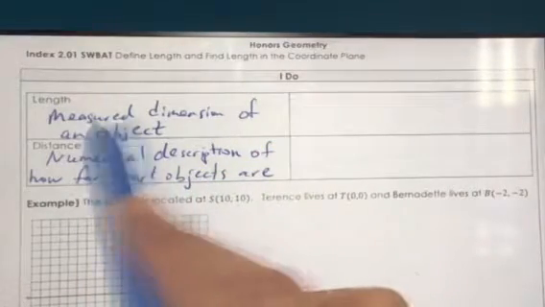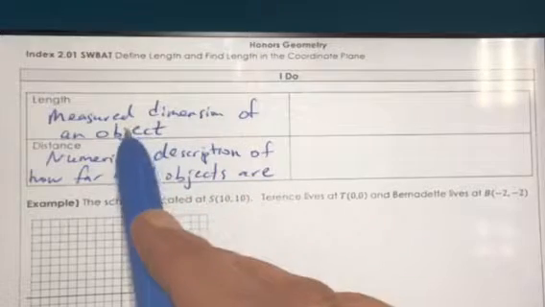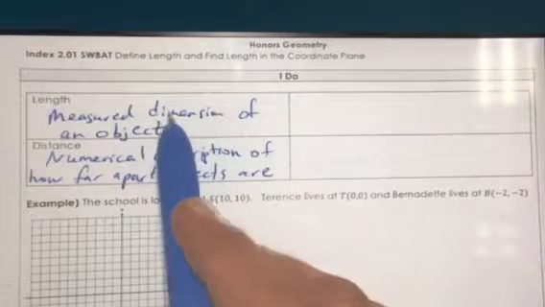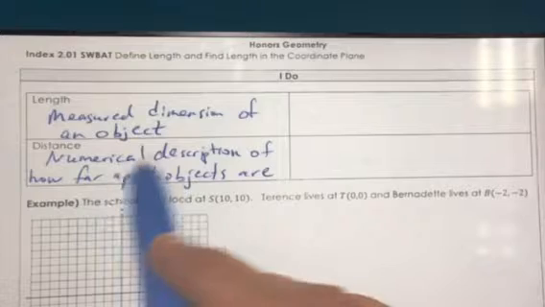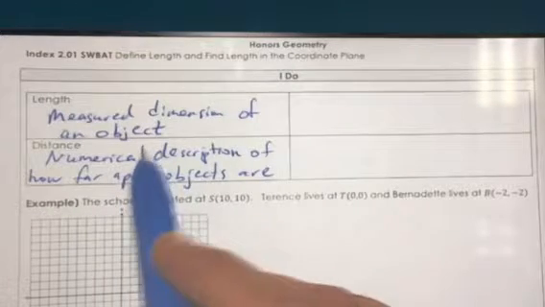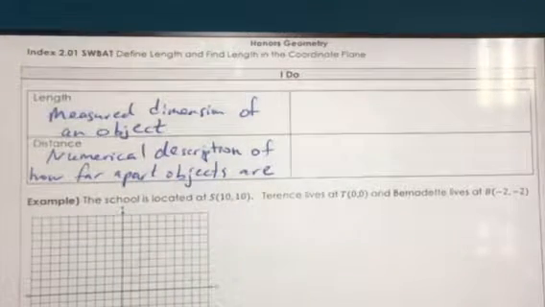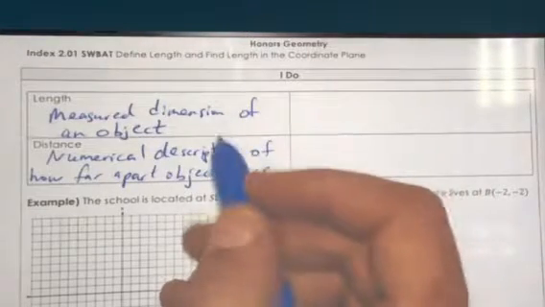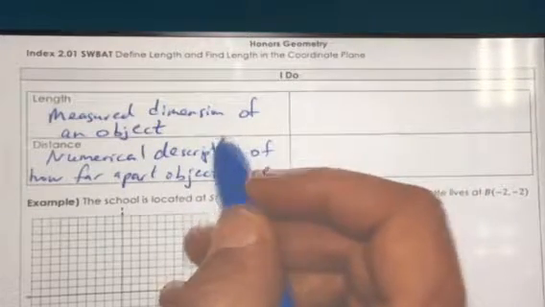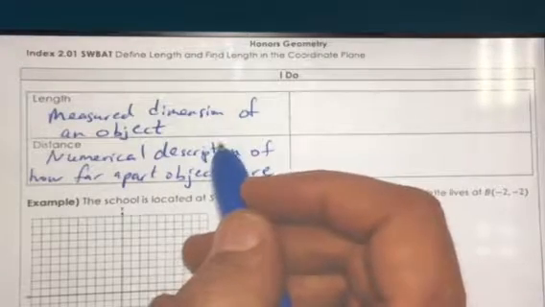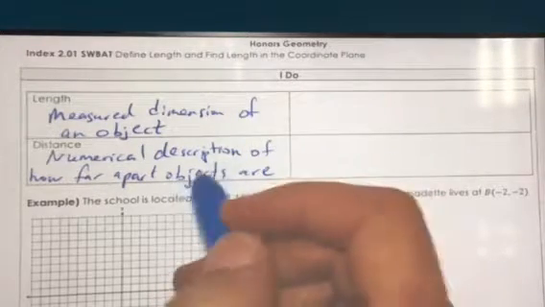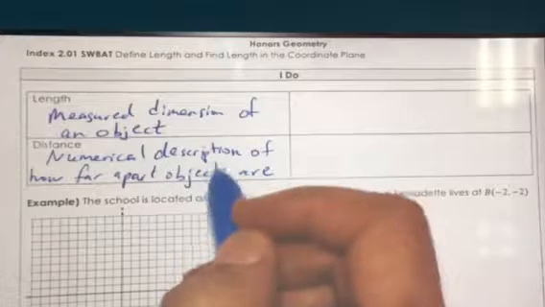Length is the measured dimension of an object, like how long is something. Distance is the numerical description of how far apart objects are. And if you had never thought of it that way, neither had I. I just got that answer from my boss in geometry. So in any case, that's what we're talking about.